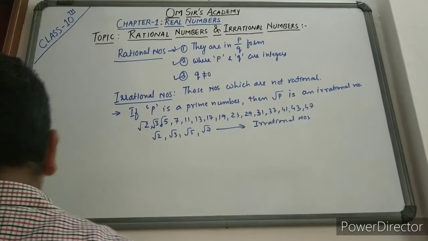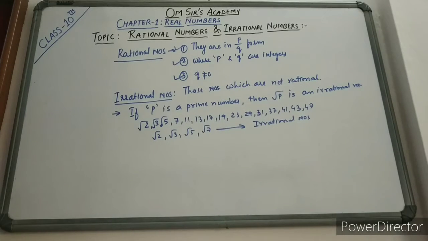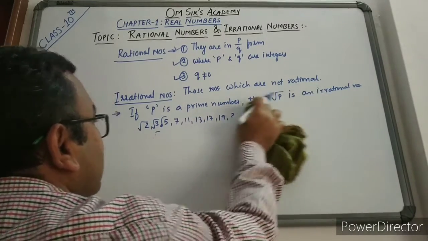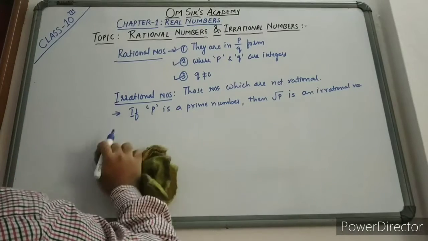Is it clear? So this condition is that if P is a prime, then root P will be an irrational number. This is the condition.